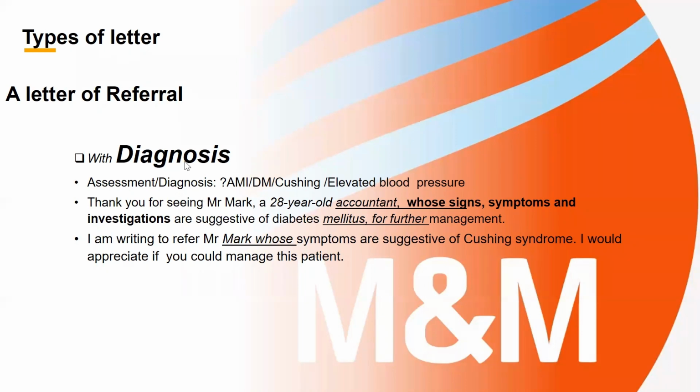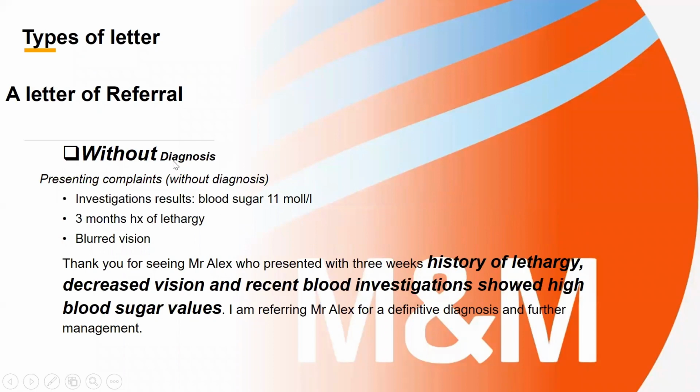Okay. So after that, we have a letter without diagnosis. Let's say we just have the symptoms. If we have the symptoms without diagnosis, such as investigation results revealing blood sugar level, there was a 3 month history of lethargy and blurred vision, then rather than making the diagnosis ourselves, we can just rephrase it.